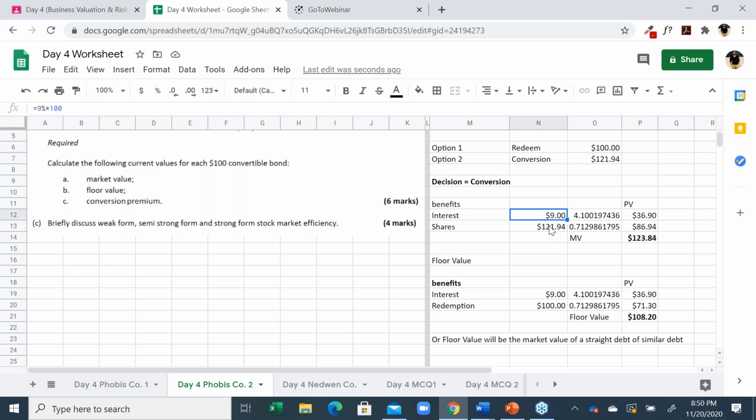Do you people think? So we can simply say that the minimum value of that convertible debt will be equal to the market value of a similar type of debt that does not have any conversion option.